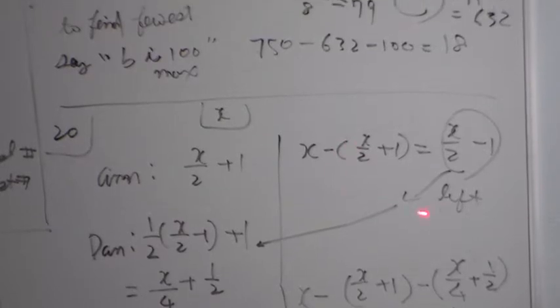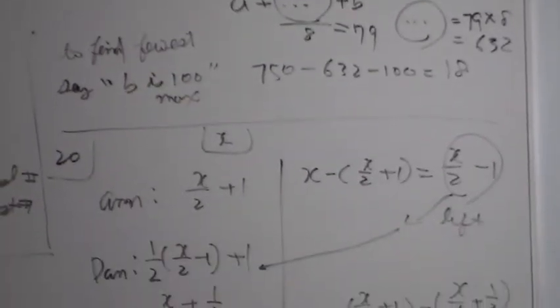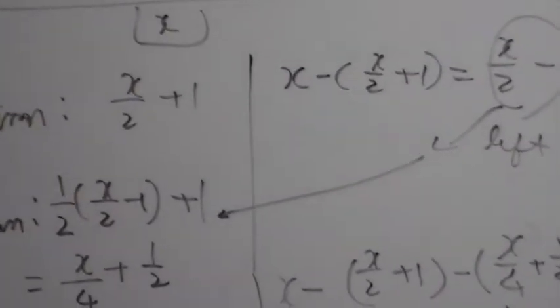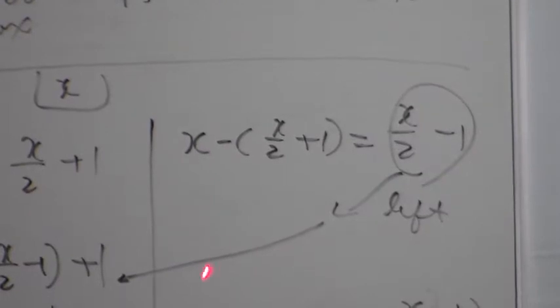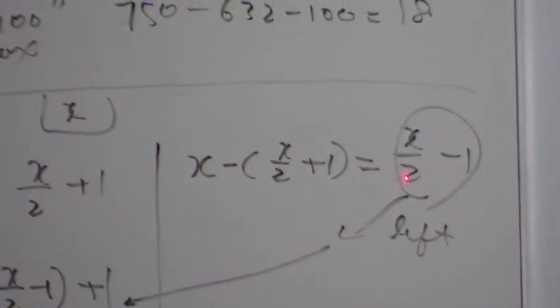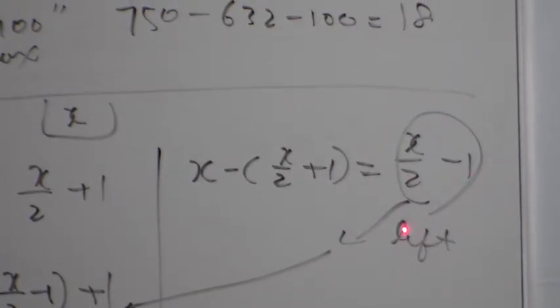So X over 2. Let me zoom in a little bit. Okay, a little bit. N took X over 2 plus 1, so X minus (X over 2 plus 1). So leftover is X over 2 minus 1. This much is left.